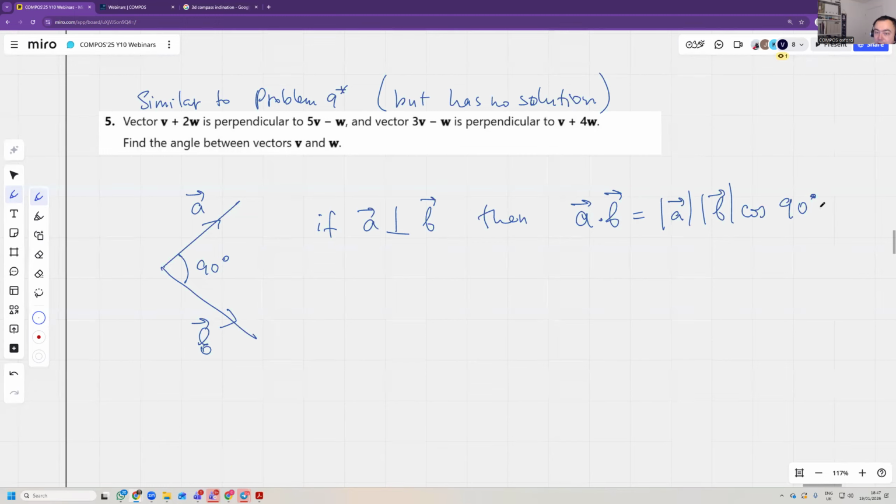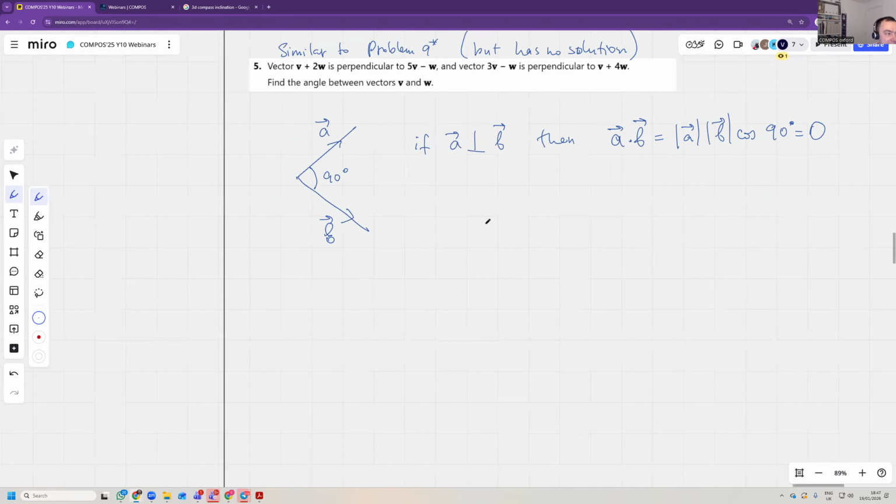But cosine 90 degrees is 0. So the dot product is 0. So if vectors are perpendicular, then the dot product is 0. And it's an important rule that you can use in the future.